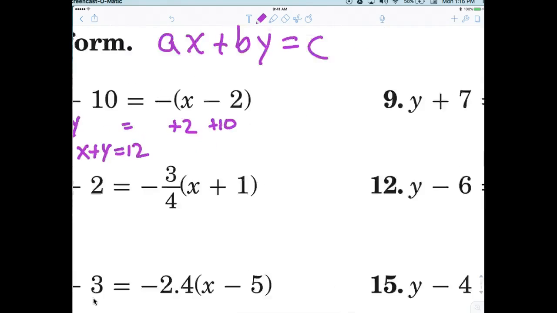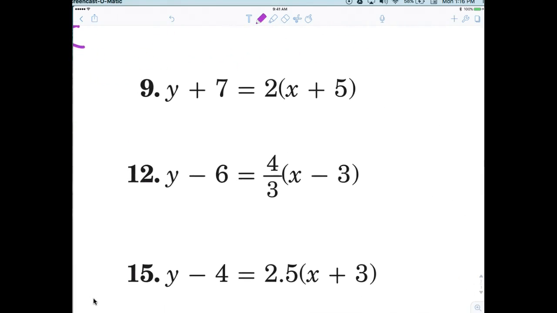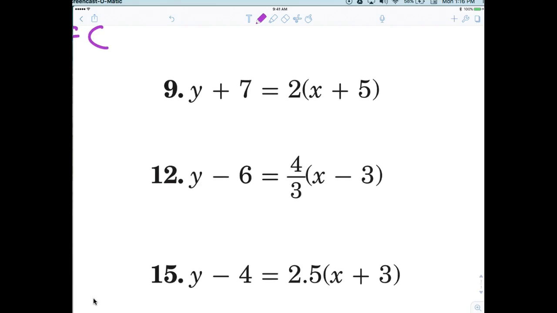All right, that's okay. Let's do a couple more just to make sure you're in good shape. Now I have to distribute a 2, correct? So y plus 7 equals 2x plus 10. Is everybody agreeing? I want x and y on the same side, so I should move the y.